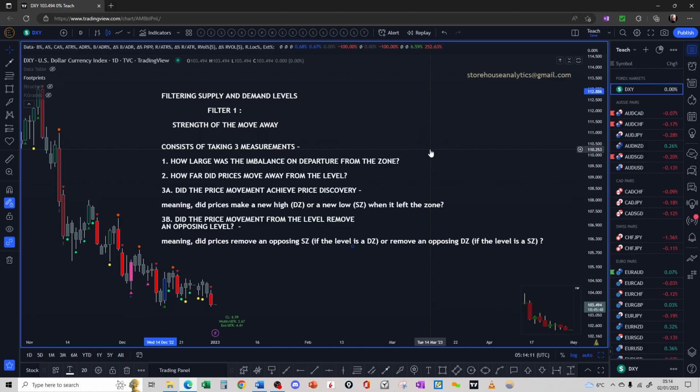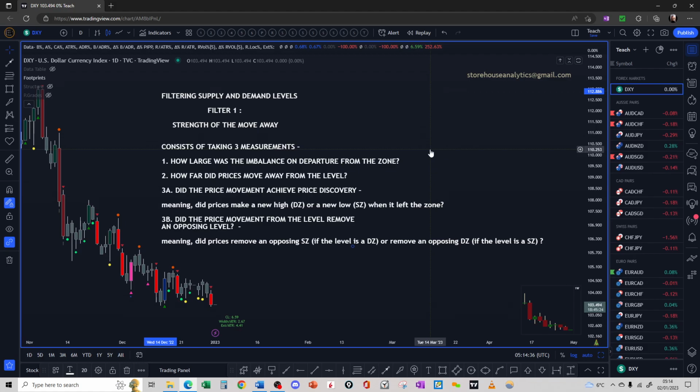Did price movement achieve price discovery, meaning, did it make a new high if it's a demand zone, or a new low if it's a supply zone? Or another way of evaluating the same thing is asking, did prices remove an opposing zone to the left of it?